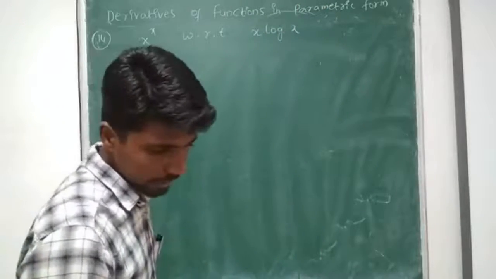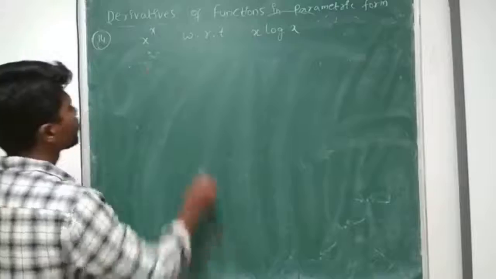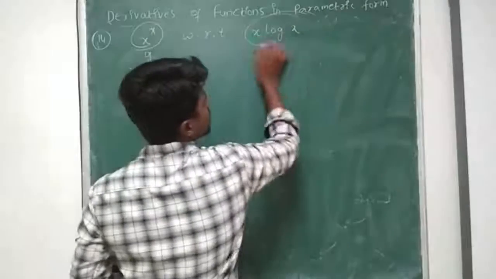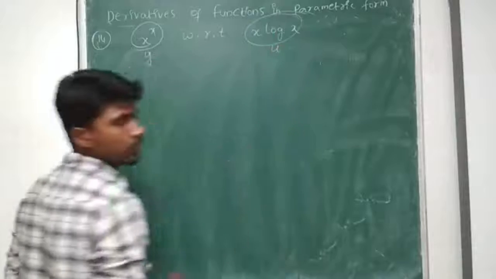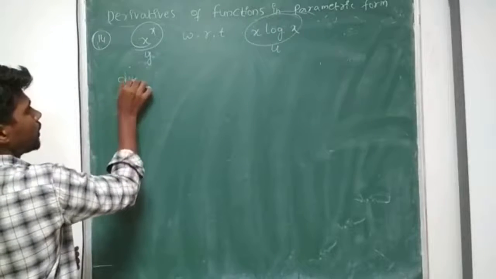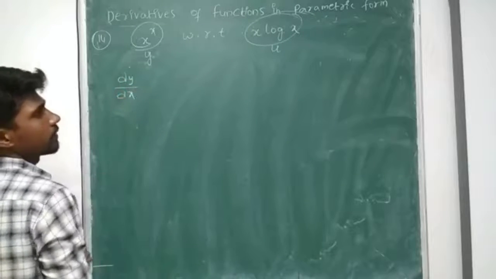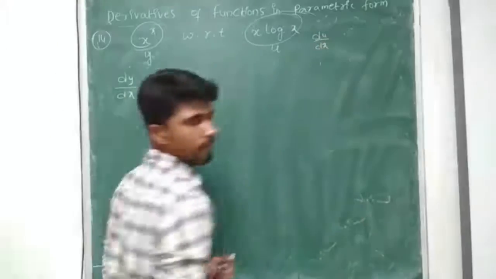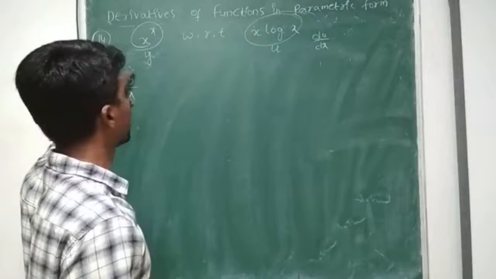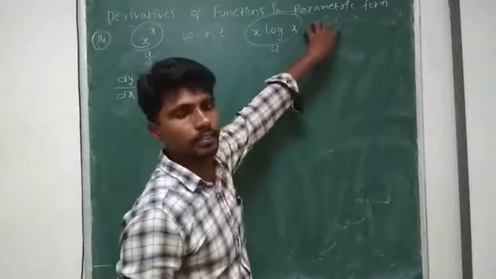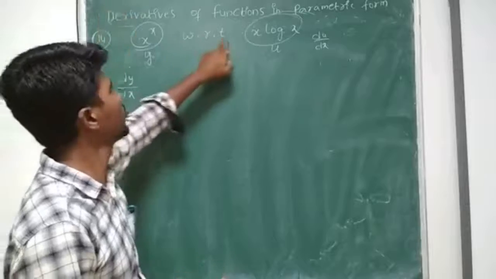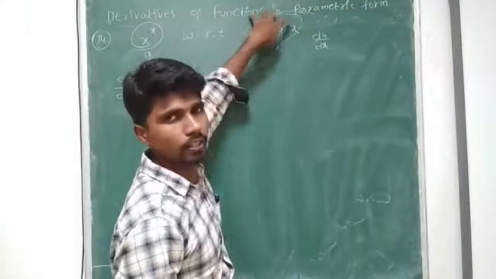Take it as y, and this particular one as u. Find first dy by dx, next du by dx, later dy by dx divided by du by dx will give the differentiation of x to the power of x with respect to x log x.